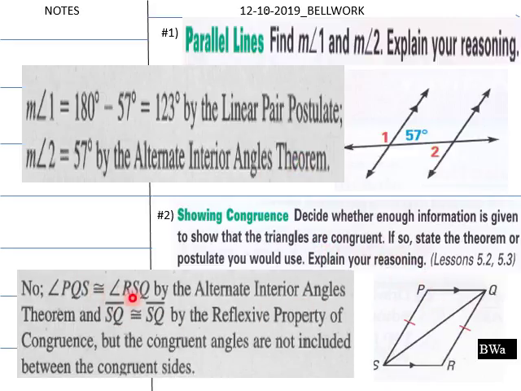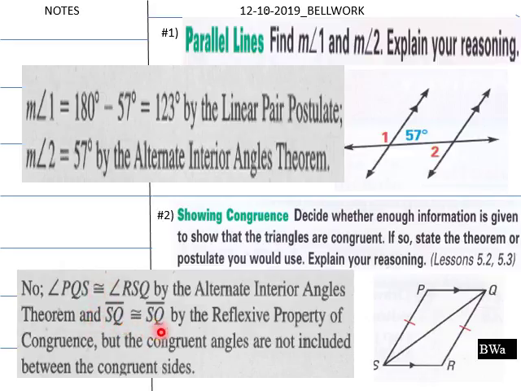And then down here, no, because angle PQS and angle RSQ are congruent by the alternate interior angles. These are parallel. So angle PQS and angle RSQ would be congruent.